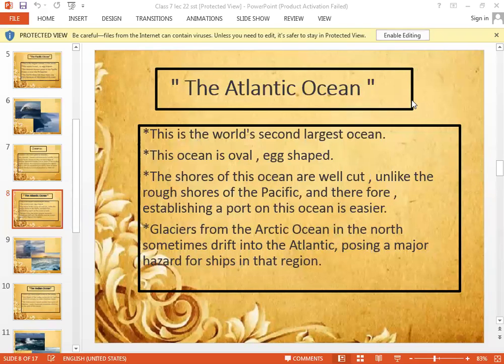Okay, so glaciers from the Arctic Ocean in the north sometimes drift into the Atlantic, posing a major hazard, as I told you, for ships in this region. And the most famous incident was the sinking of the Titanic. You all know about the Titanic, and this incident happened in 1911, and it was the biggest ship.